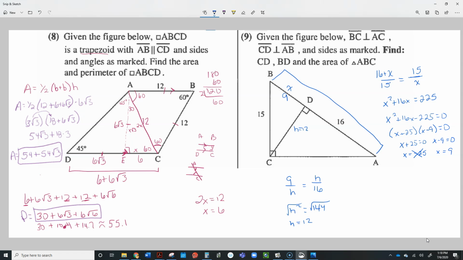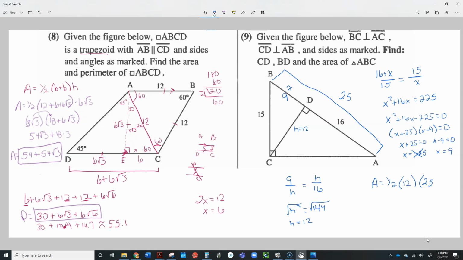And now that we want the area, I know that here's the base and I know the height. I could go ahead and find this measurement right here and do 1/2 base times height, but I already know that measurement. 9 and 16 is 25, so I'm going to do 1/2 times 12 times 9 plus 16, that's 25, right?